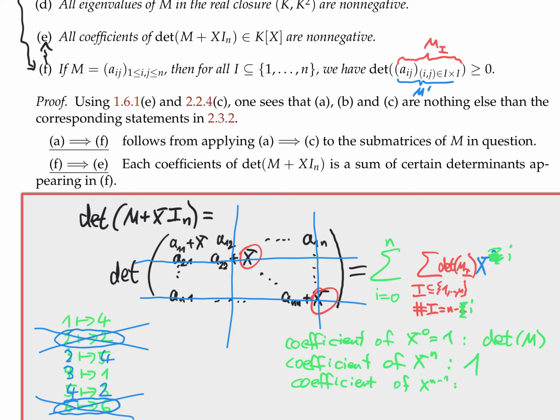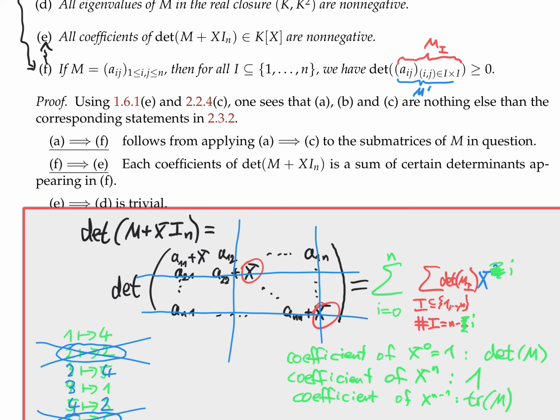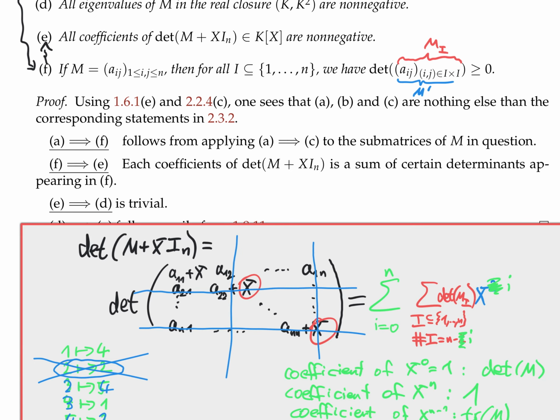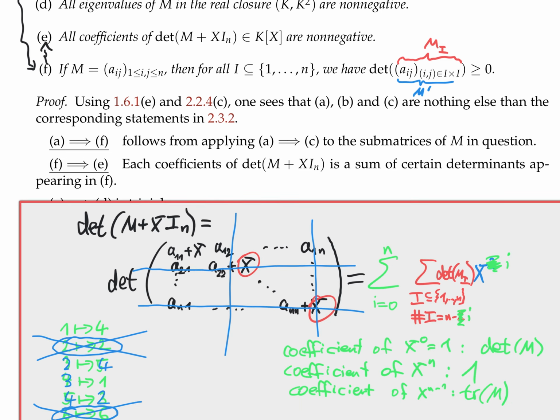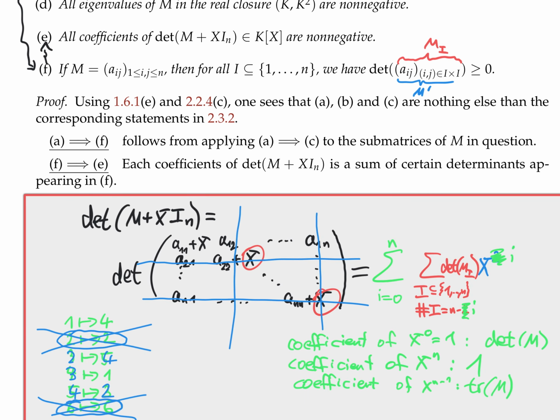So you get here the trace of M. Yeah, so this was a bit short, but since the coefficients are now sums of such determinants, and these determinants are all non-negative by F, then E follows.